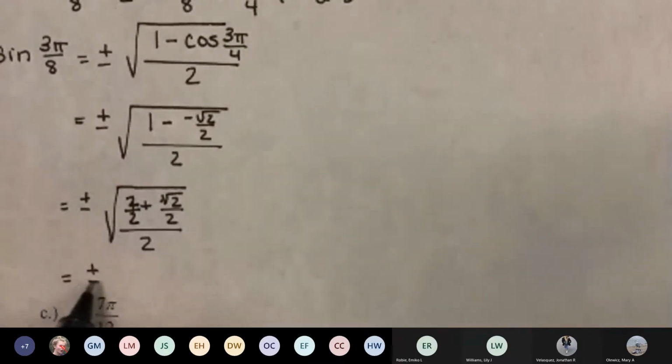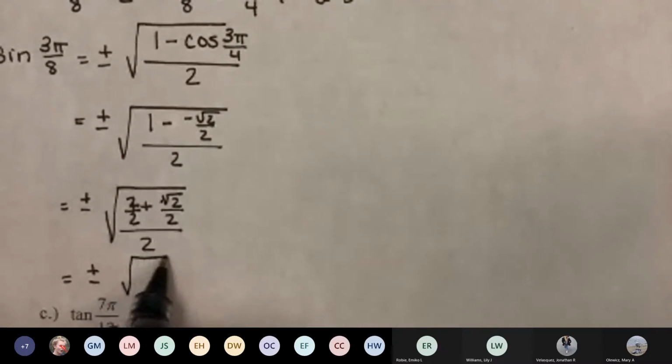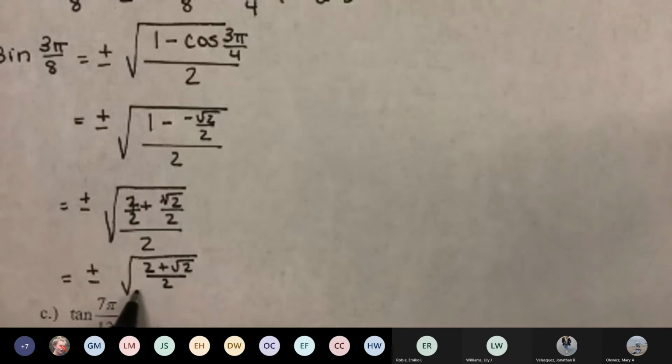And then I'm going to clean it up. So I have 2 plus radical 2 over 2 divided by 2. Any questions?